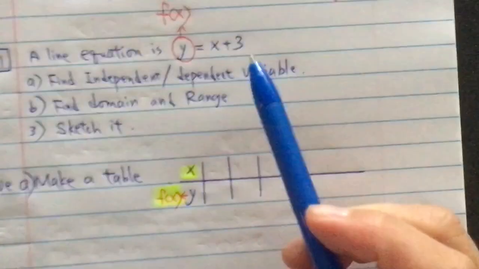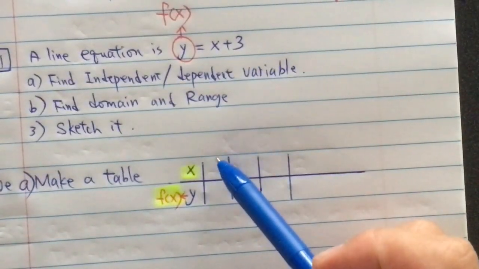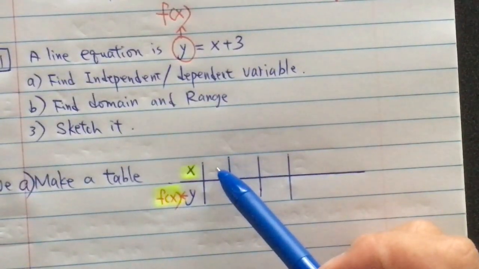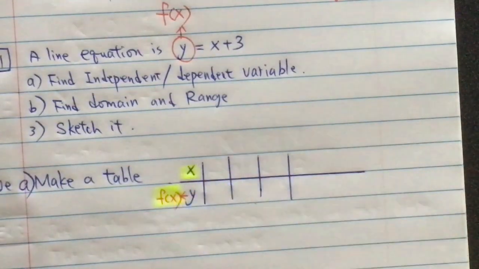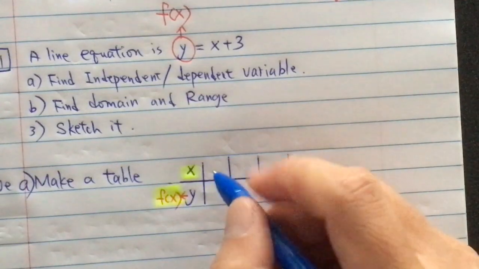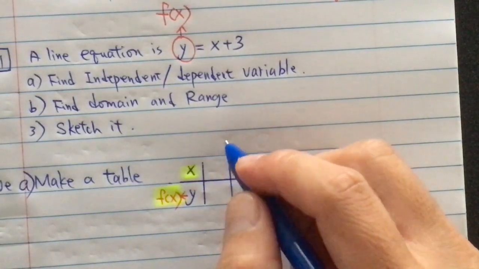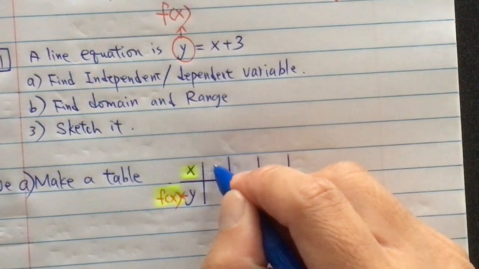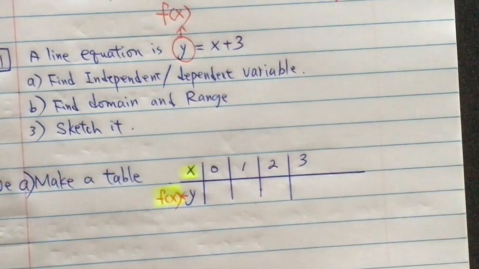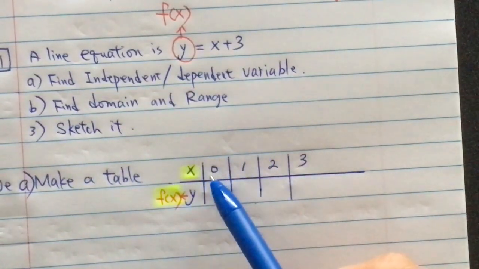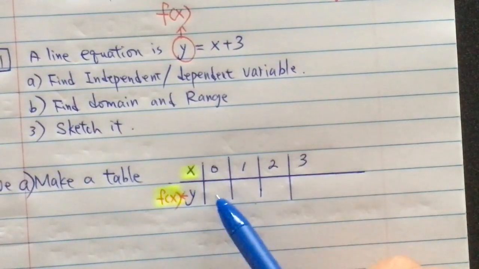Now we can pick any value for x, and there is a corresponding value for f of x. We can pick any number: when x equals 0, 1, 2, 3. When x equals 0, f of x is 0 + 3 = 3.